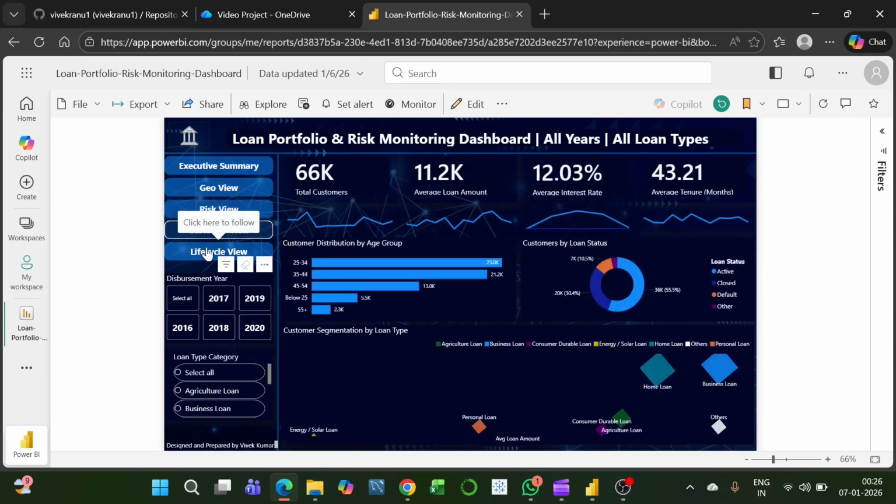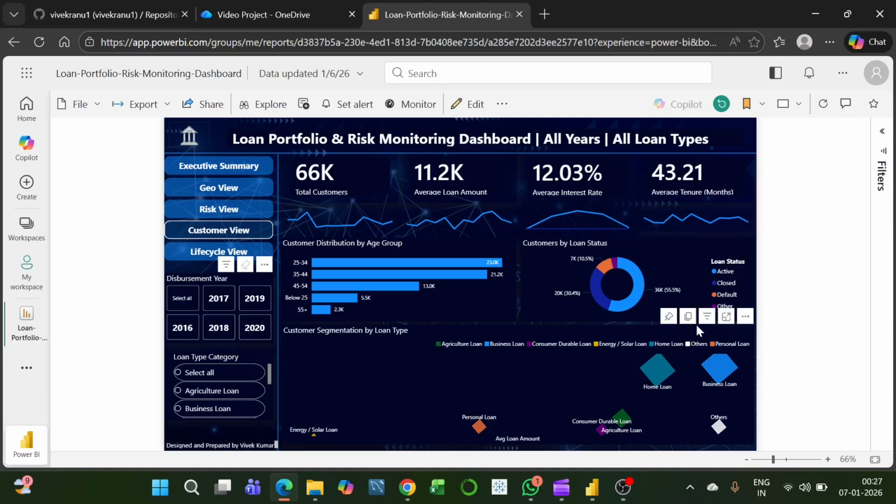Moving on, the customer view. This page answers the questions: who are our customers and how are they behaving? Here we analyze customer distribution by age group, active, closed and defaulted customers, and average loan exposure by customer segment.